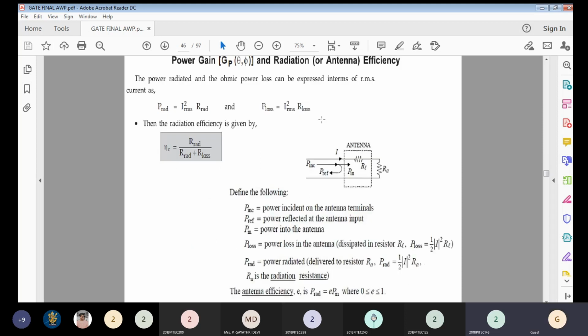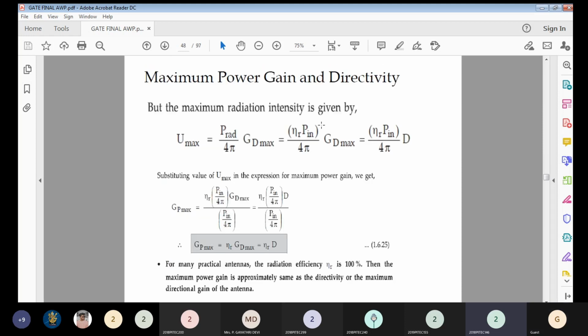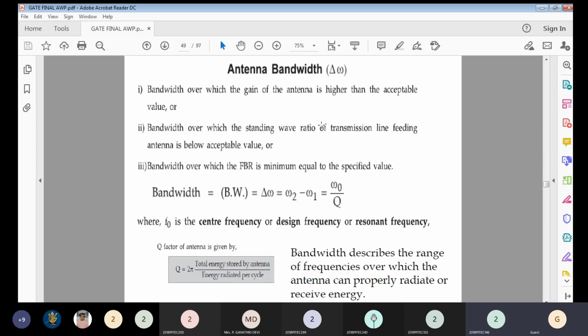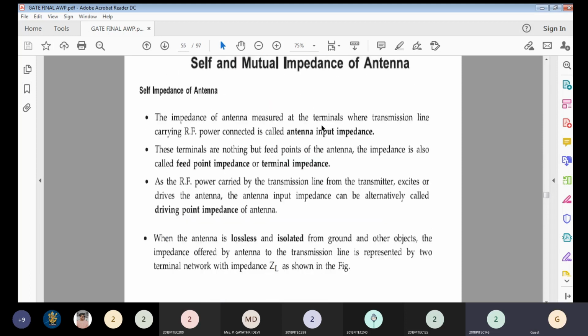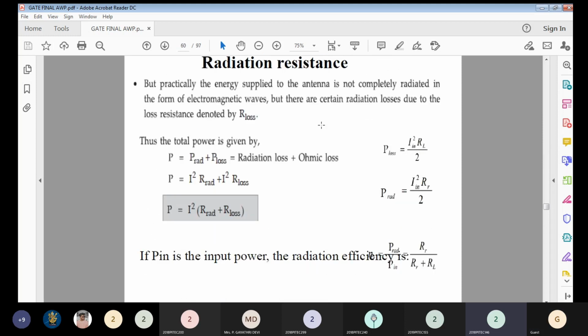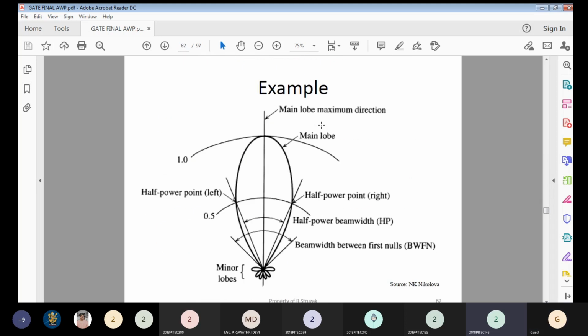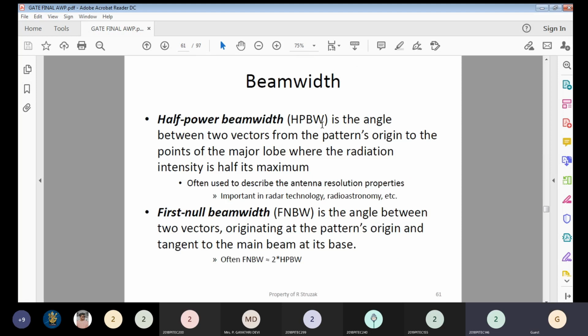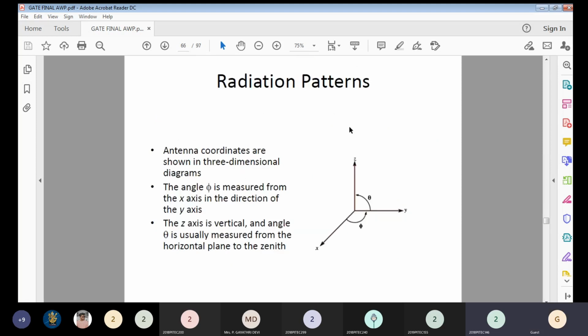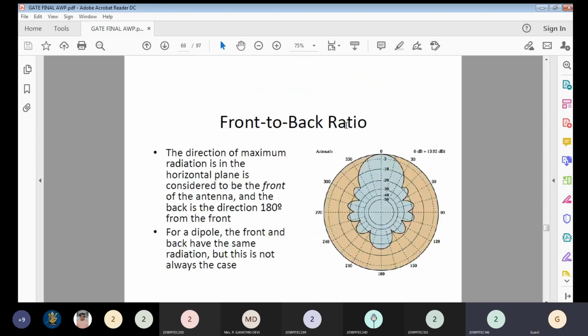Then power gain also we discussed. Gain and directivity both we discussed. Impedance also we discussed. Resistance also we discussed. Beam width also discussed, half power beam width and fractional beam width. Yeah, front to back ratio is an important concept of antenna.